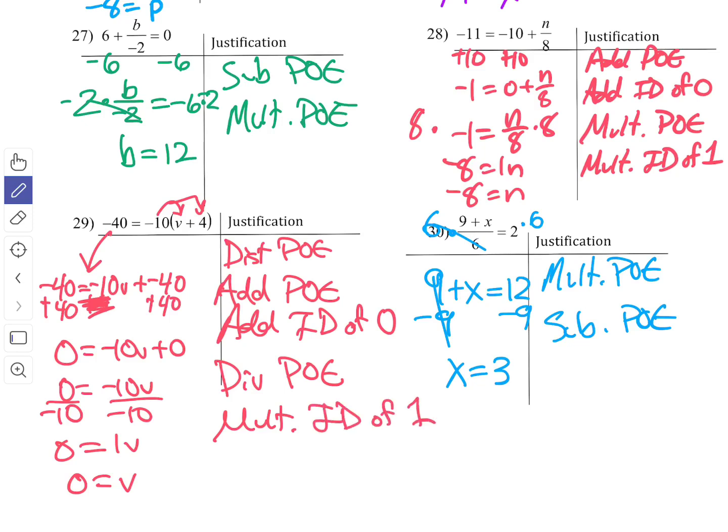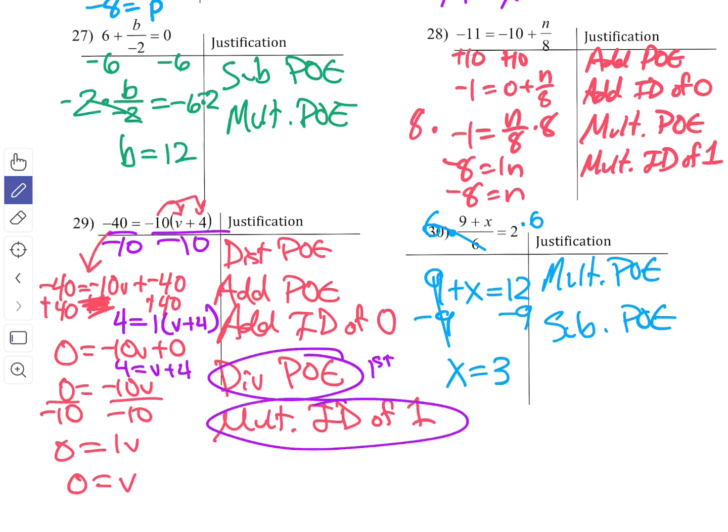That is the first way that we can do this one. The second way would be to divide by negative 10 first, giving us positive 4 equals 1 times v plus 4. So we used division property of equality first. Drop the 1 using the multiplicative identity.